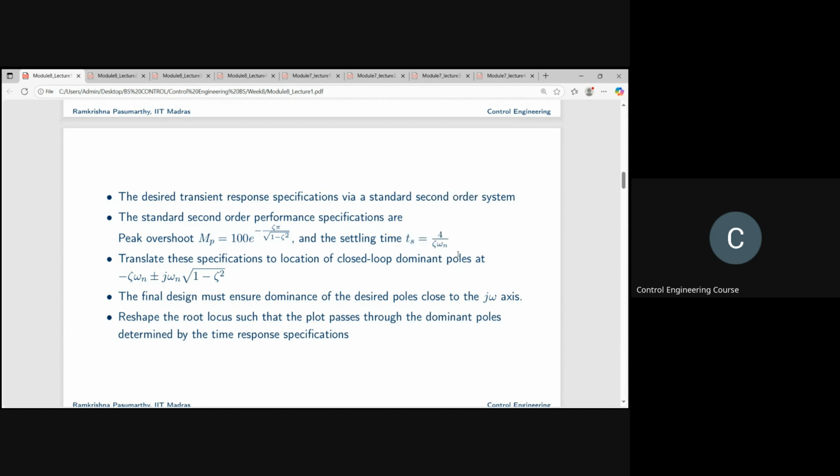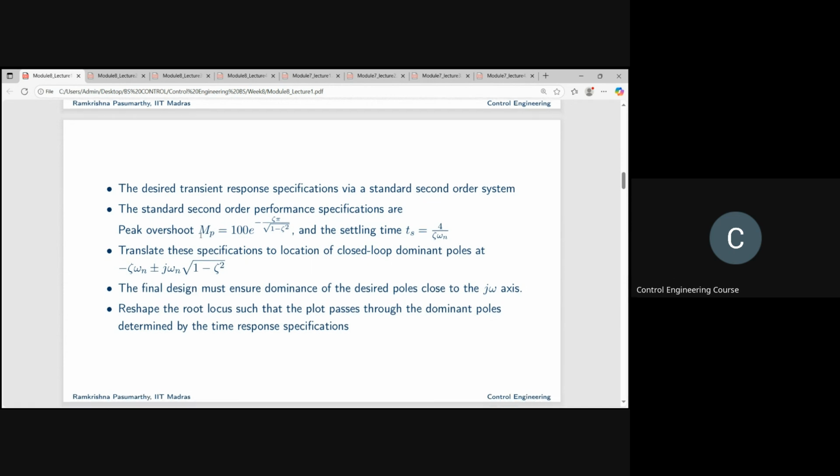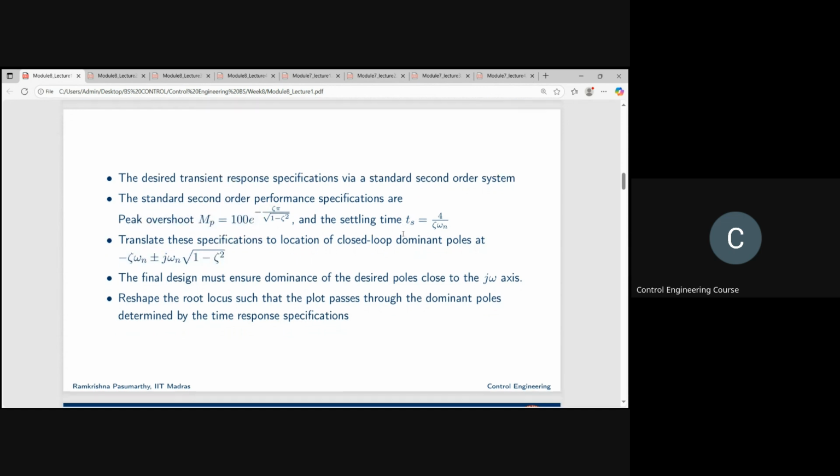Now you have to translate these specifications on Mp and Ts to specifications on zeta and omega n, or more concretely to specifications on the pole location. You have to see where all the poles can be located depending on the constraints on Mp and the constraints on Ts.